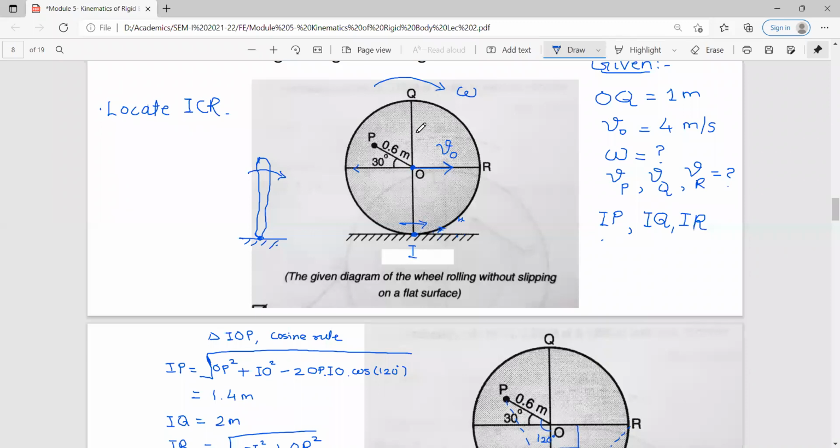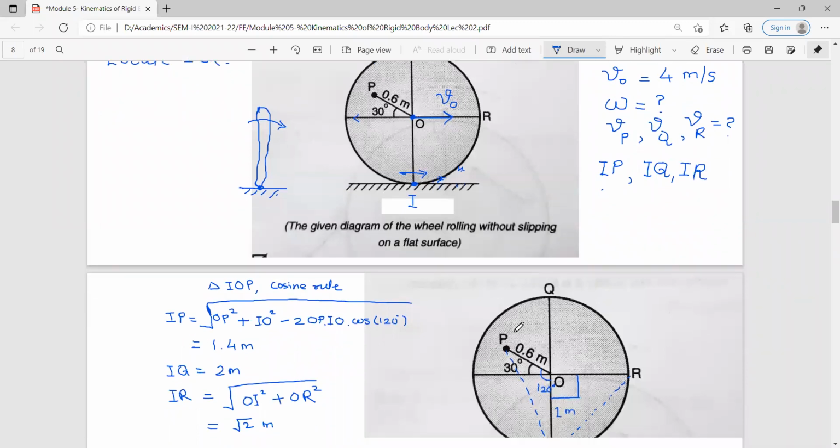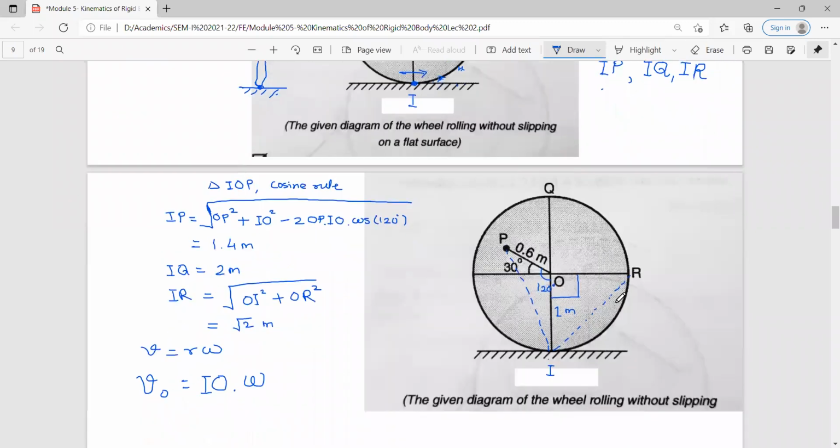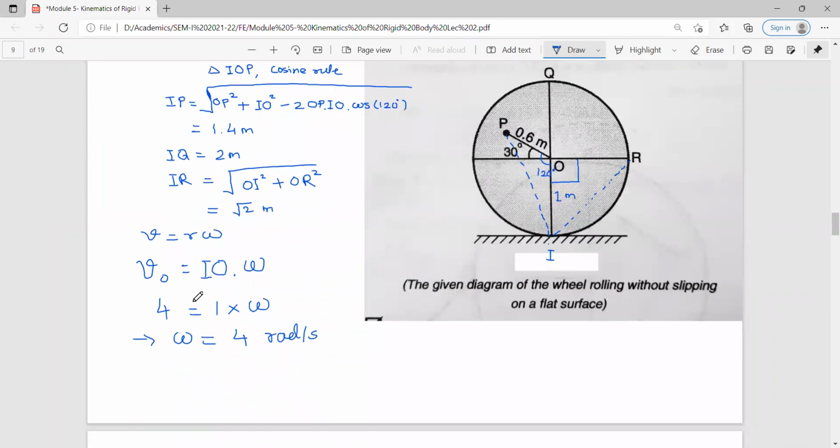So if a point is away from the center, its velocity will be higher because its velocity depends on its radius. After knowing omega, I will now calculate velocity of P, velocity of Q, and velocity of R by using a simple formula.